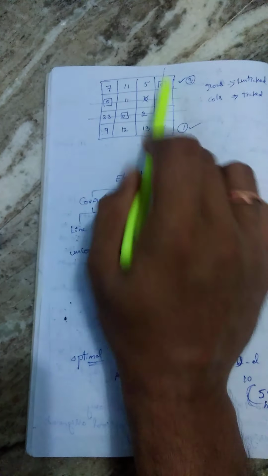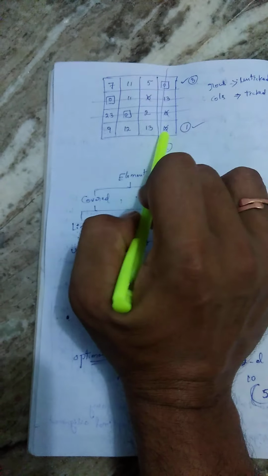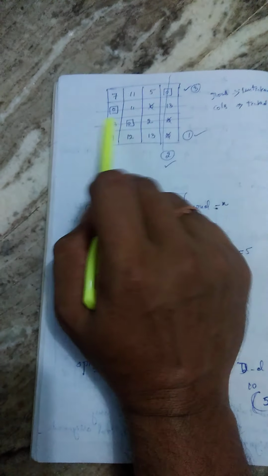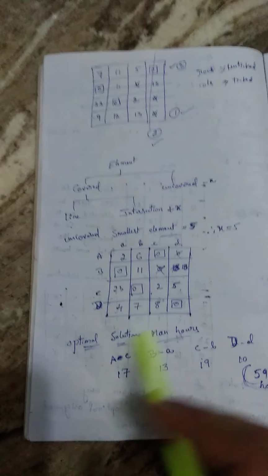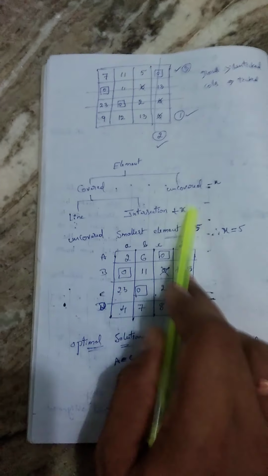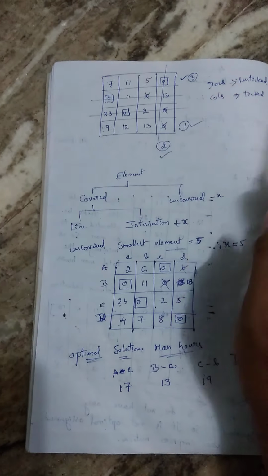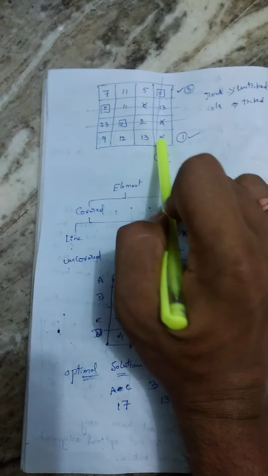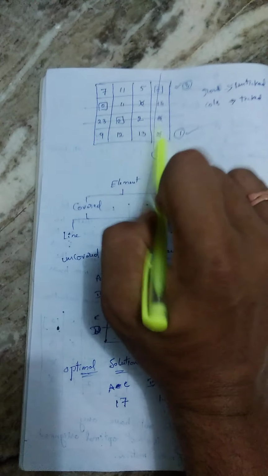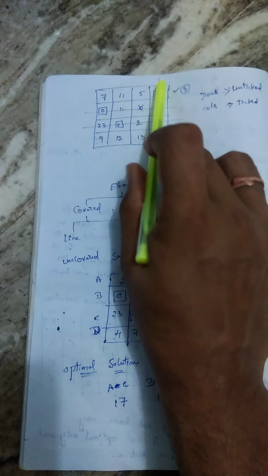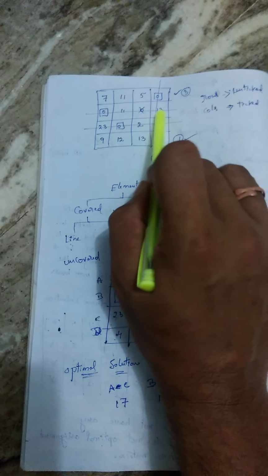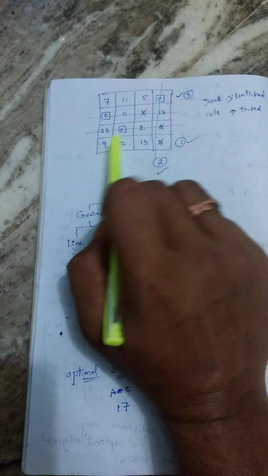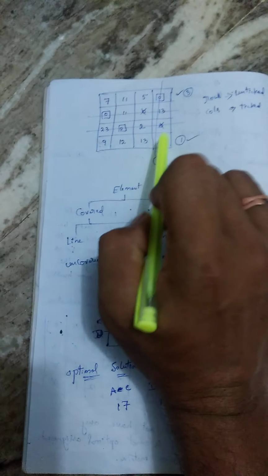These are the covered elements, because we already drew lines for the second row, third row and the fourth column. Coming to the intersection condition: which are the intersection points? Second row, fourth column, and third row, fourth column. In the second row, fourth column, the intersection element is 13. In the third row, fourth column, we have a 0.